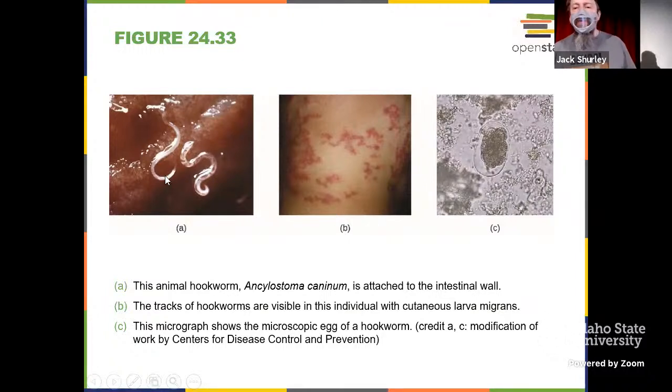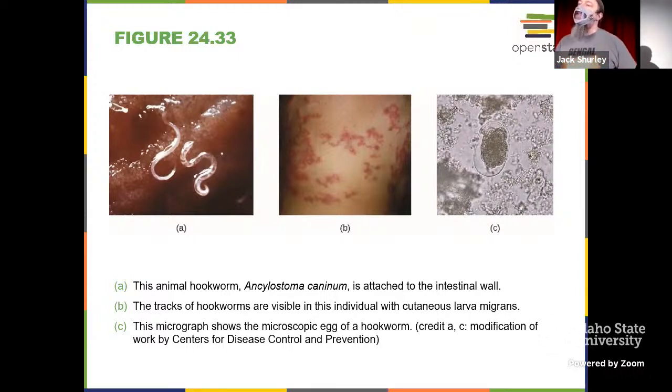And with that, these guys are relatively small, even the ones infecting us. A handful of them, less than 25 or so, which seems like a lot of worms in the first place, but with less than 25, you may not even recognize you've got any ill effects whatsoever. If we're talking the ones causing the larval migrans, you're going to know it. You see it on your skin.